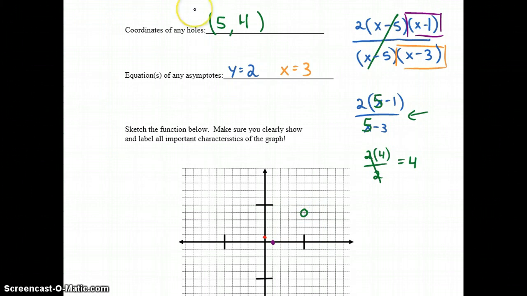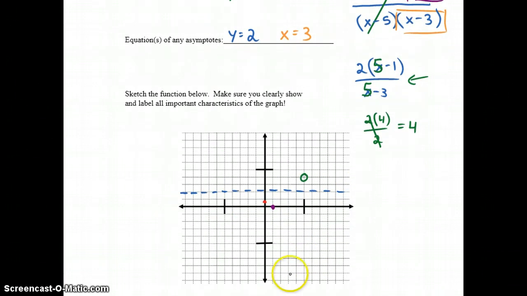The horizontal asymptote at y equals 2 will be drawn in here. The vertical asymptote at x equals 3 is drawn up here. And now it's a matter of filling in the dots.